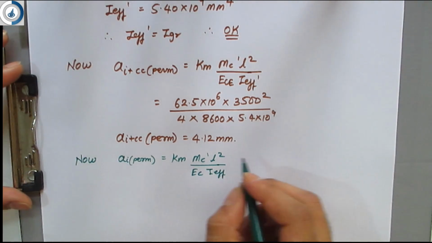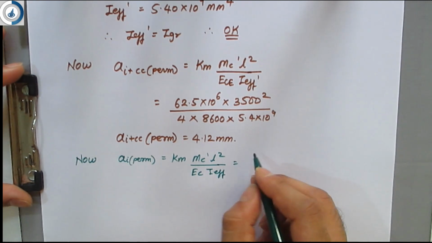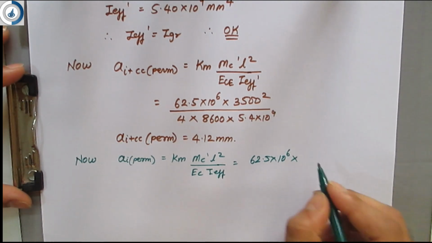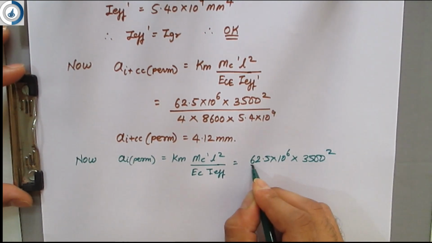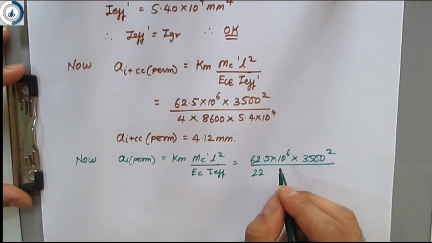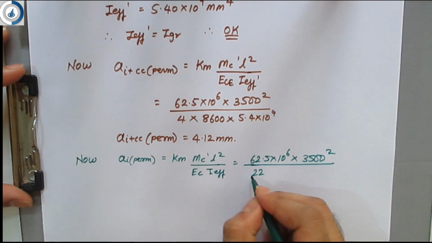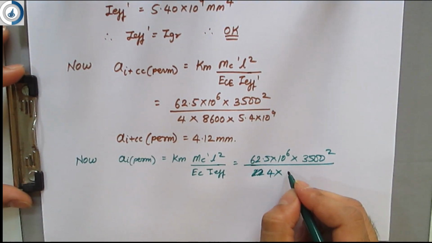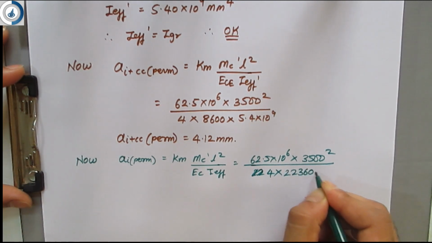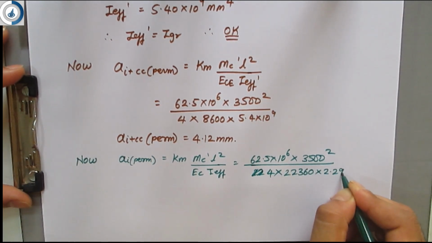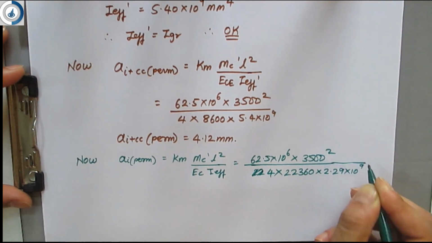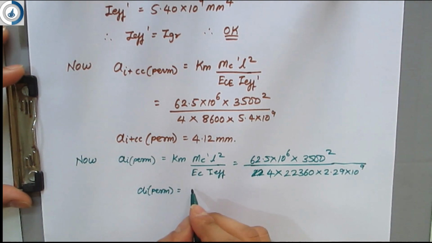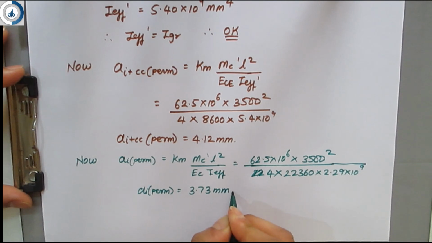So MC dash, the same 62.5 into 10 raised to 6, L square again the same, 3500 square, divided by Km value 1 by 4, then the previous EC 22360, and the previous I effective 2.29 into 10 raised to 9. Once you do this, you will get AI permanent as 3.73 mm.